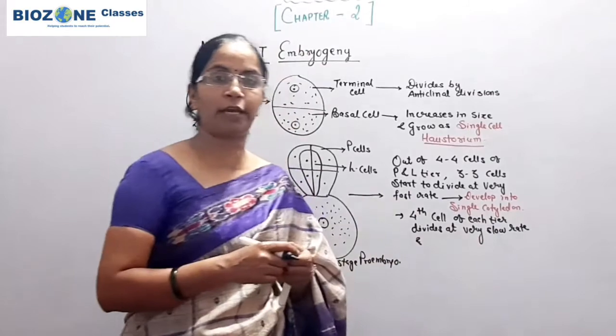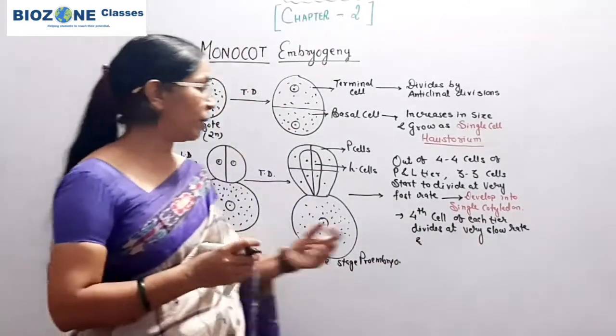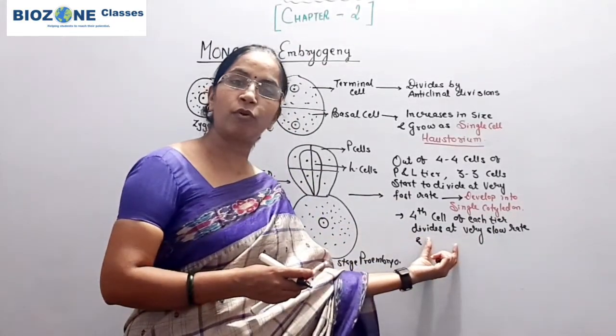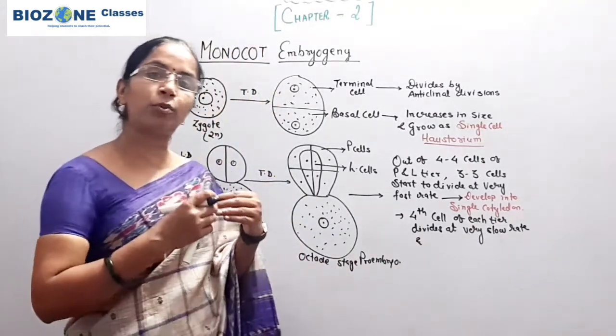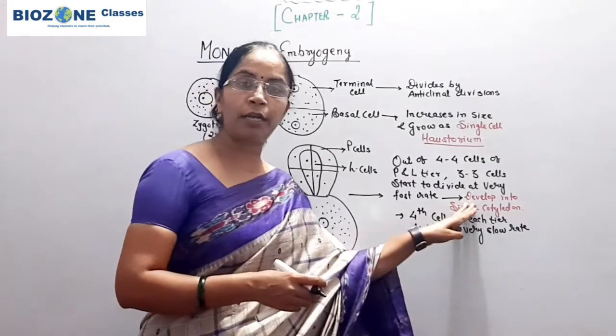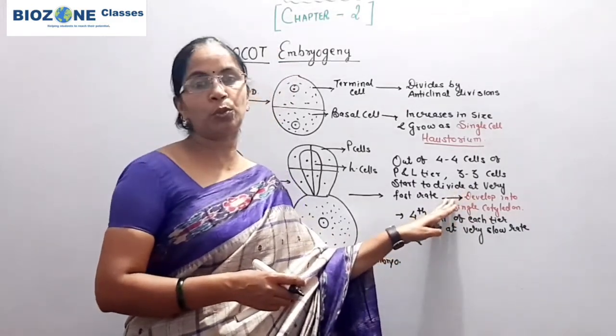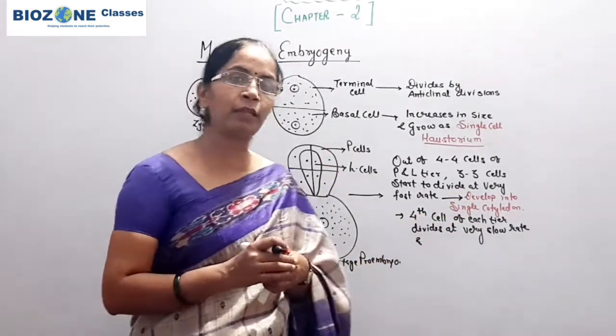When the 4th cell divides at a very slow rate, the progeny cells of the 4th slowly dividing cells, the 4th P and 4th L, remain towards the base of the cotyledon, which is formed due to the rapid division in 3 cells.